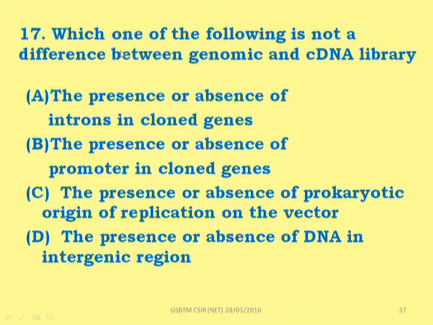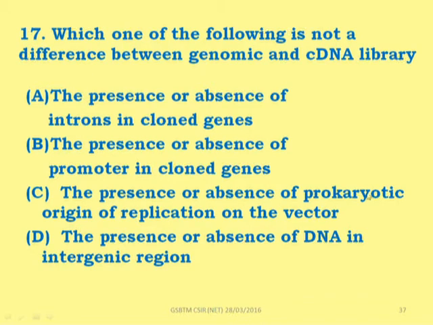Which of the following is not a difference between genomic and cDNA library? Again, a straightforward question. The question means genomic as well as cDNA libraries share common information. One is the presence or absence of introns in cloned genes. No, this is not common. The presence or absence of promoter in cloned genes. This is not common.